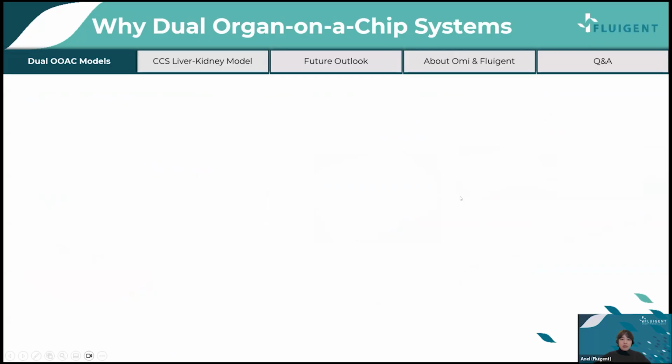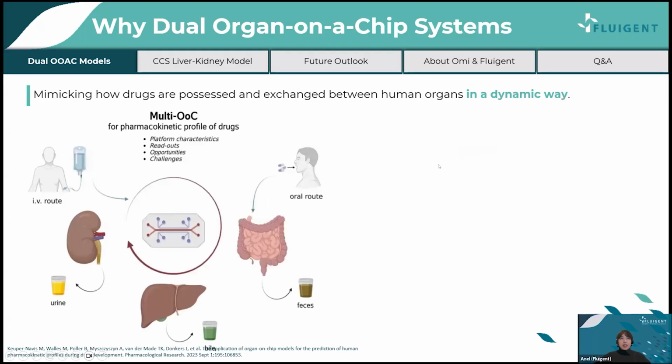Physiological relevance is not the only main reason to study organ-on-a-chip systems and to increase the complexity by moving to multi-organ-on-a-chip systems. One of the main reasons is studying drug dynamics, how drugs are processed and exchanged in human organs in a dynamic way. Currently, in drug development, animal models are mostly used for pharmacokinetics, for ADME assays, and for metabolite-mediated toxicities.